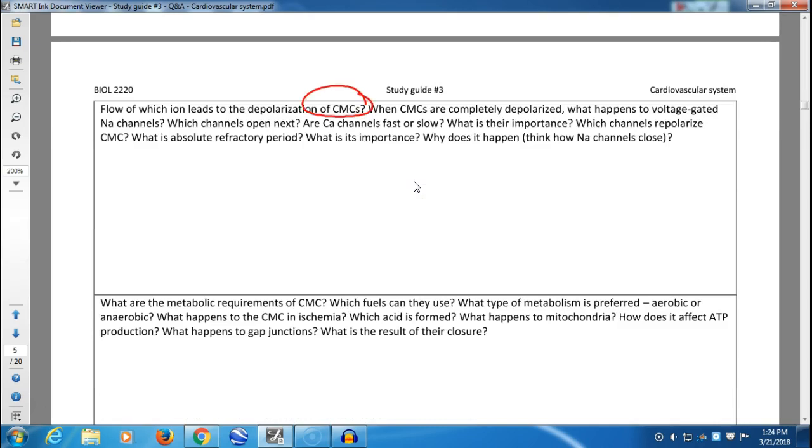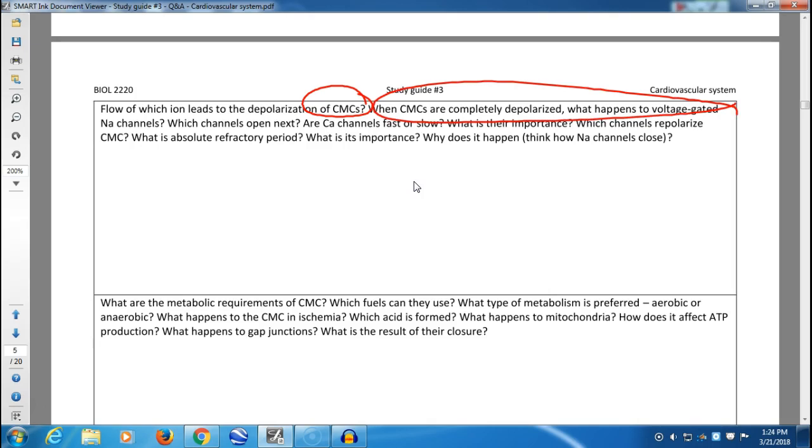Depolarization of cardiomyocytes is due to, what I want you to tell me now, let's do it in a good, quick fashion: ion and influx or efflux. Depolarization of cardiomyocytes. Influx of sodium. When cells are depolarized, what happens to voltage-gated sodium channels?